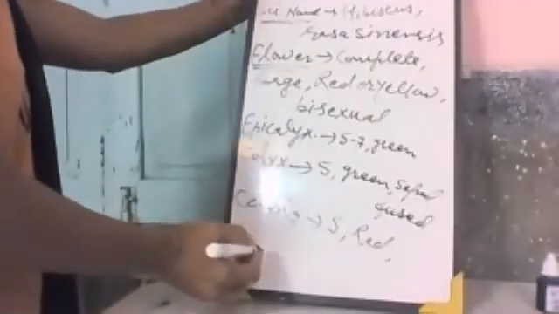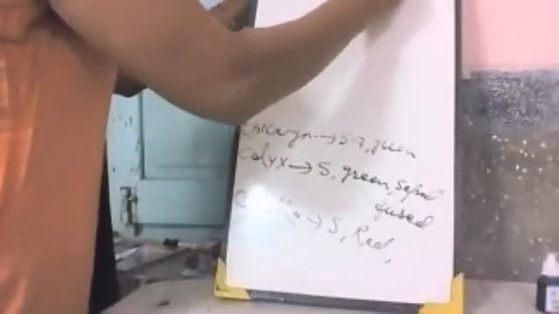Calyx are fused and corolla are also fused, meaning they have one base. See, 1, 2, 3, 4, 5. And they are connected to each other at their base. They are not free. This is the fused pattern.